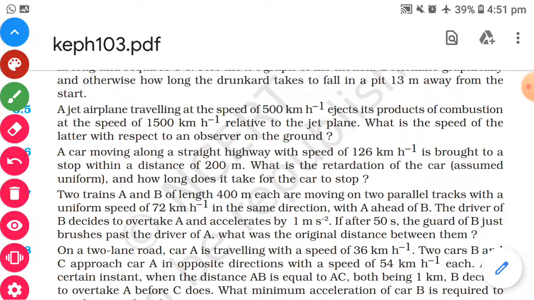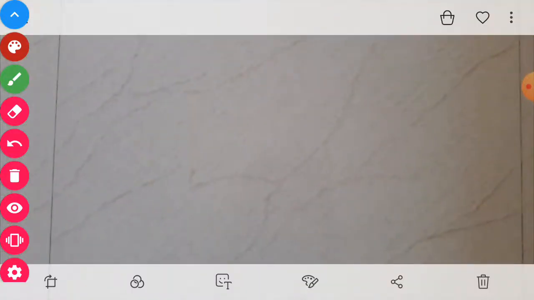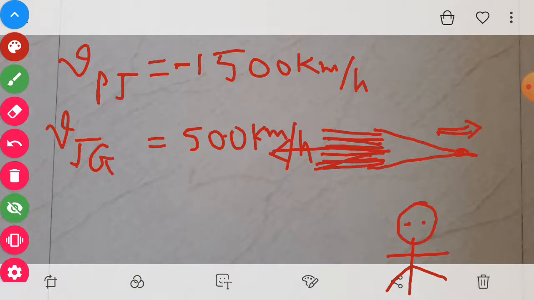What is the speed of the latter with respect to the observer on the ground? That is, the velocity of the product which is coming out from the nozzle of the jet plane. That we want to calculate, and this can be done easily.